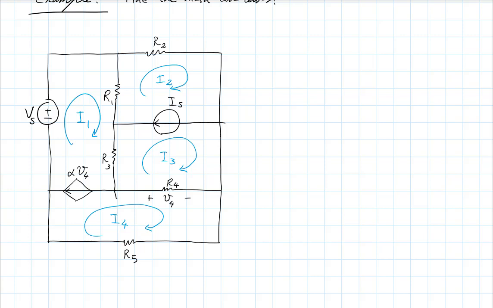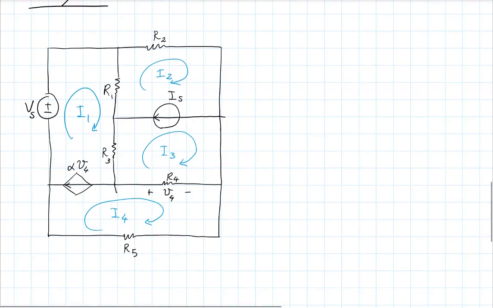So we have to write the KVLs explicitly. And for that, we need to define element voltages, because that's what we have in KVLs. So let's go around the circuit and make sure every element has a voltage assigned to it. So let's call this V1, V2, V3. We already have V4 defined.